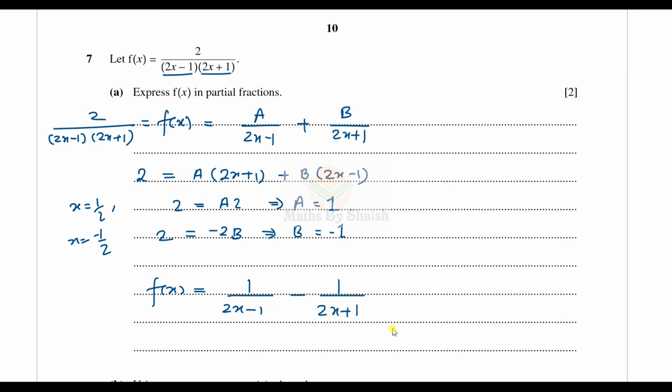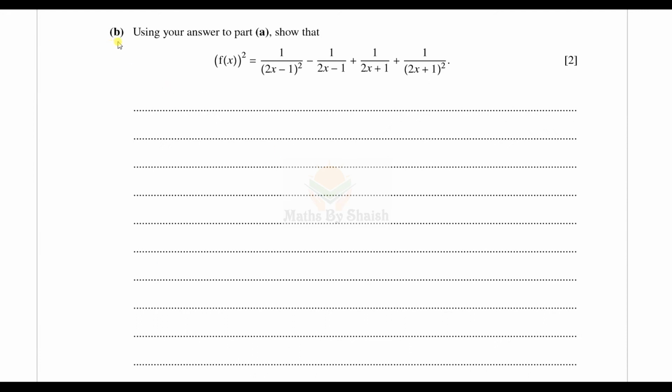So let's do the B part of it. The B part is saying, using your answer to part A, show that this square is equal to this. So again we simply need to put the values we got in part A, that was 1 upon 2x minus 1 minus 1 upon 2x plus 1, and then the whole square. I'm starting with the left hand side.